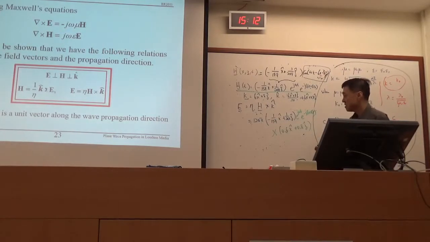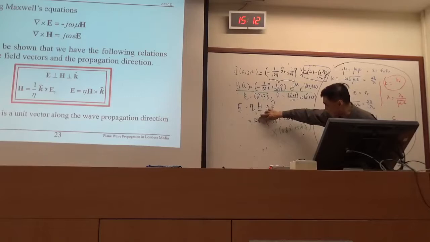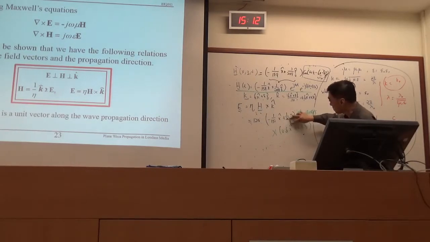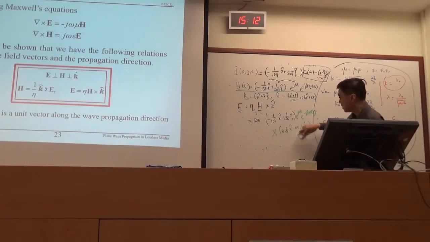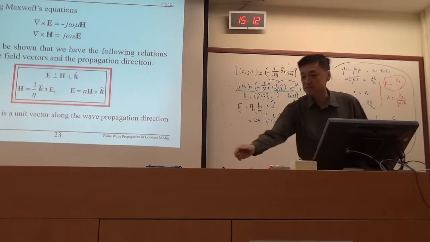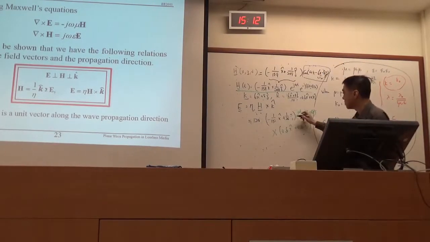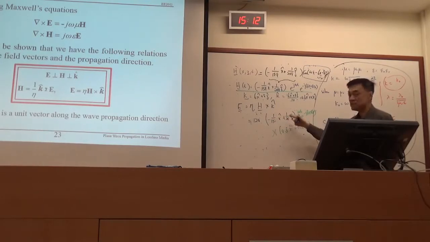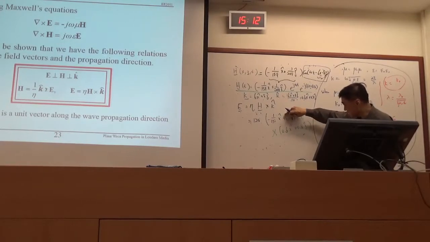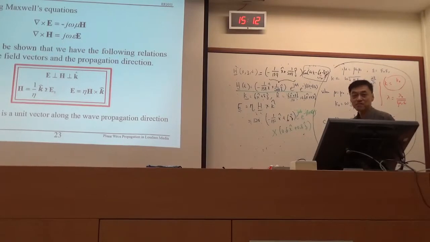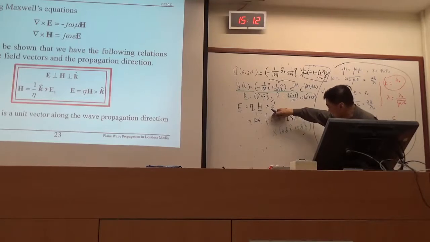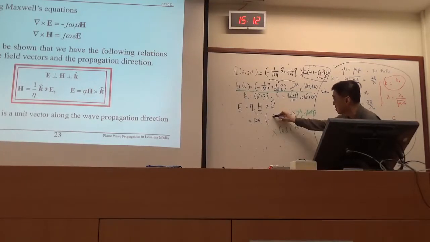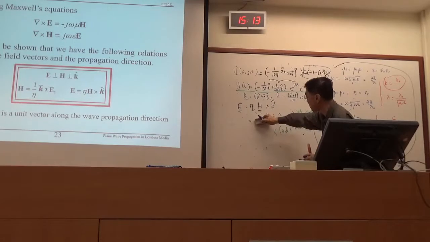Pi and pi cancel. 120 divided by 20 is 6. 120 divided by 15 is 8, so it's minus 8. Okay, so there you go.